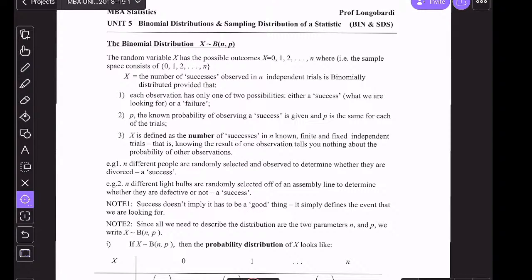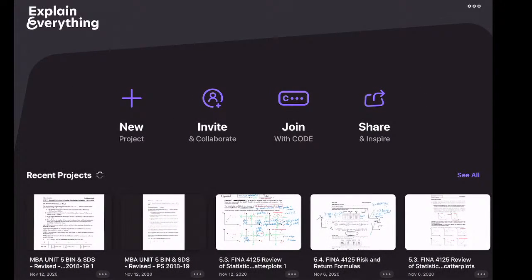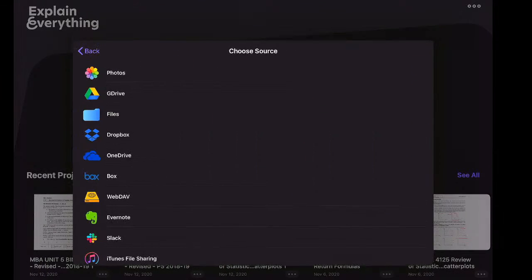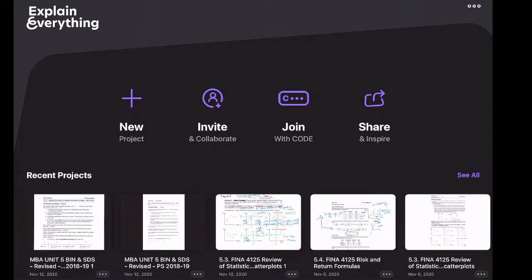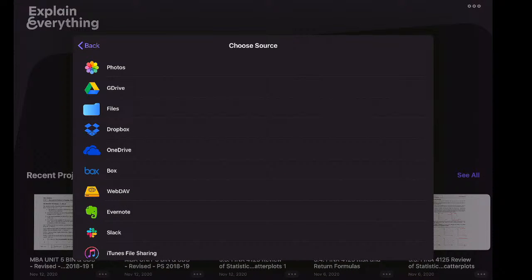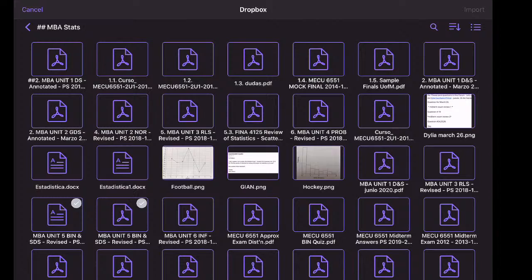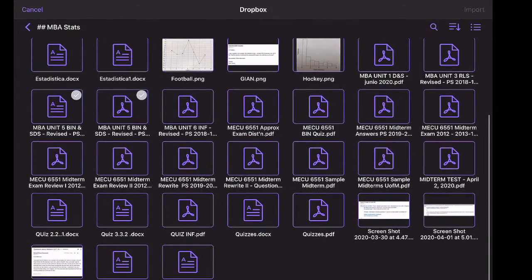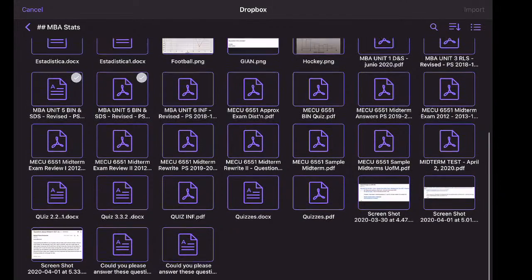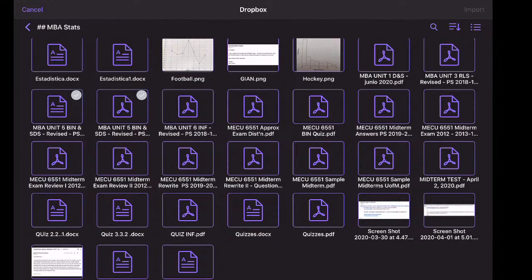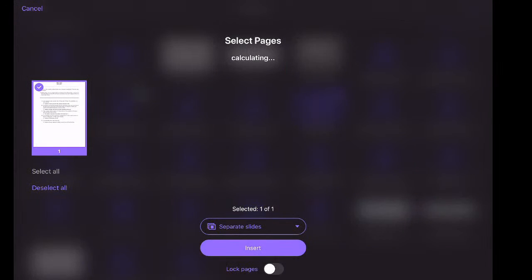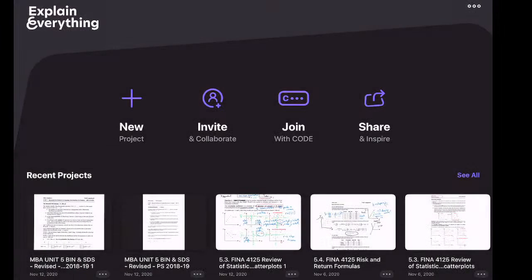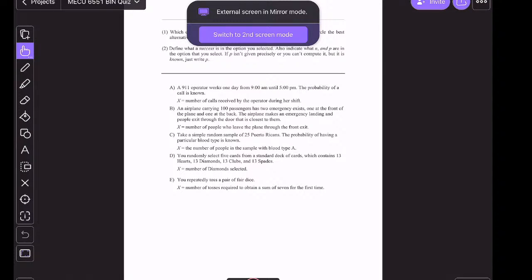Hope it's easy enough to find. Okay, just looks different. All right.